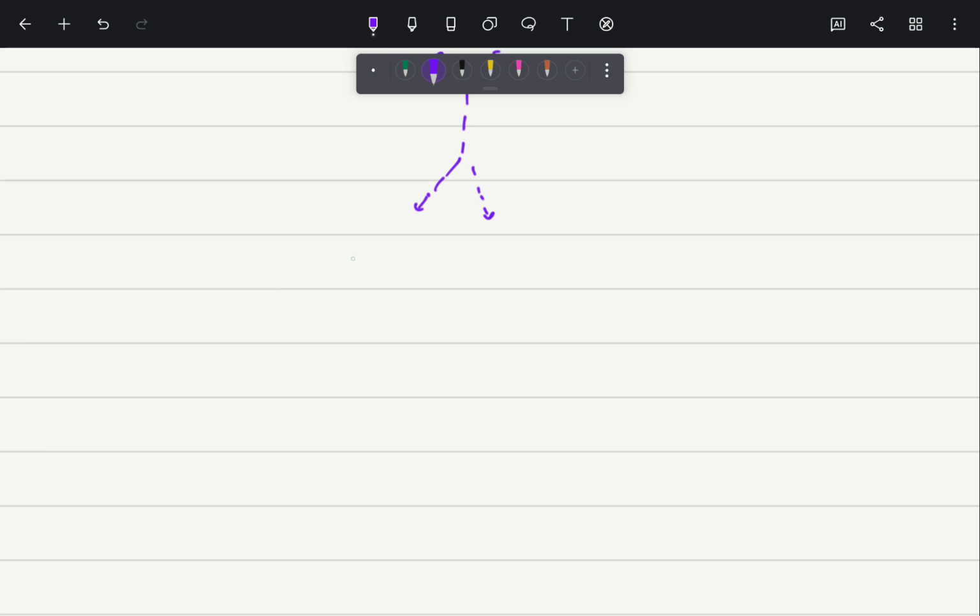One is your glycerol 3 phosphate, and the other one is your dihydroxyacetone phosphate, and this dihydroxyacetone phosphate can be converted into glycerol 3 phosphate by an enzyme called your glycerol 3 phosphate dehydrogenase. In my previous video I explained this clearly, so I'm not going to explain it here.